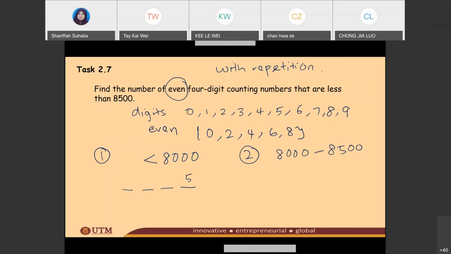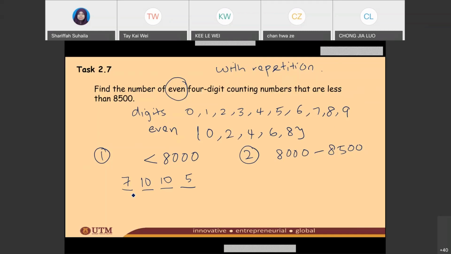So again, the last value has 5 possible values, because you have 0, 2, 4, 6, 8. With repetition, you have 10 digits, so 10 possibilities: 0, 1, 2, 3, 4, 5, 6, 7, 8, 9. For the first digit, less than 8,000, you have 7.